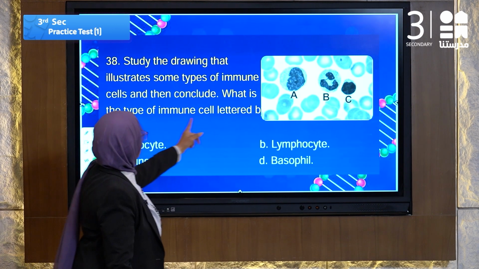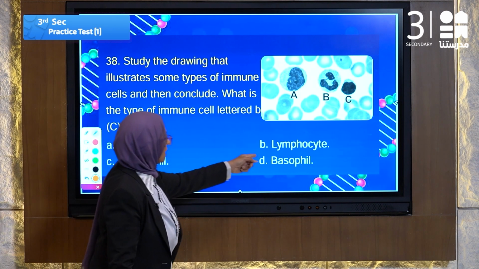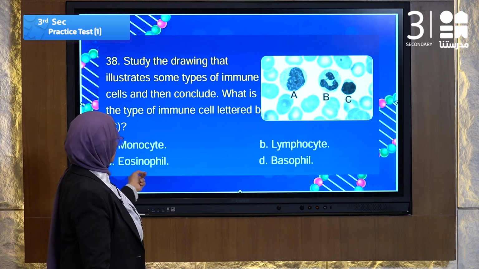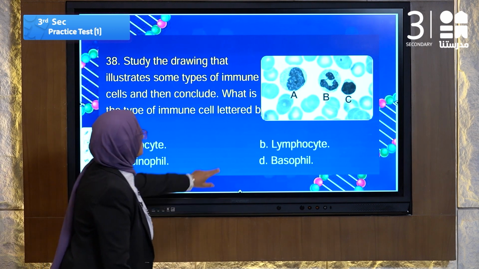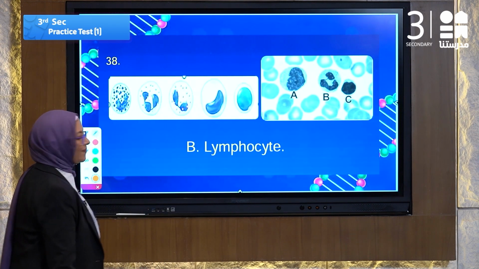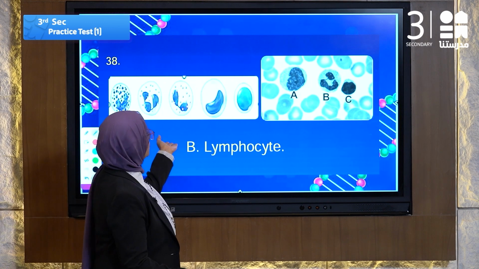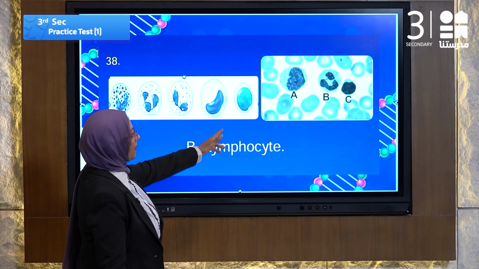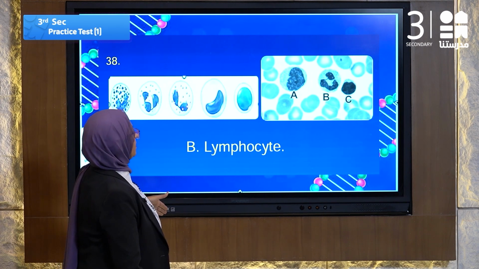Choices: monocytes, lymphocytes, neutrophil, basophil. Oh, I don't know, but I will remember what our school book said. Yes, that's a blood cell. Where is it found? Inside the blood.